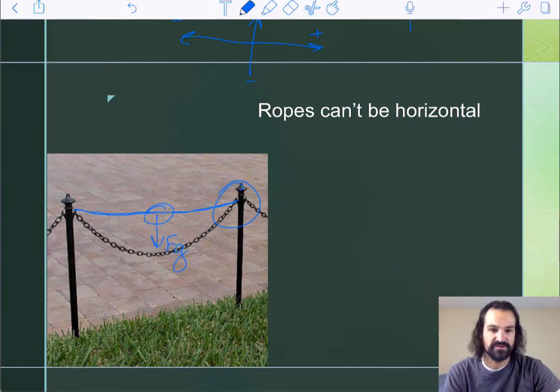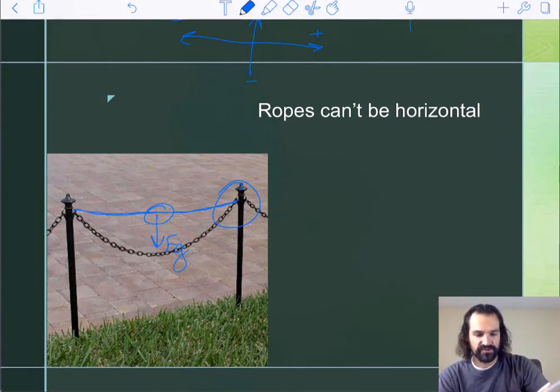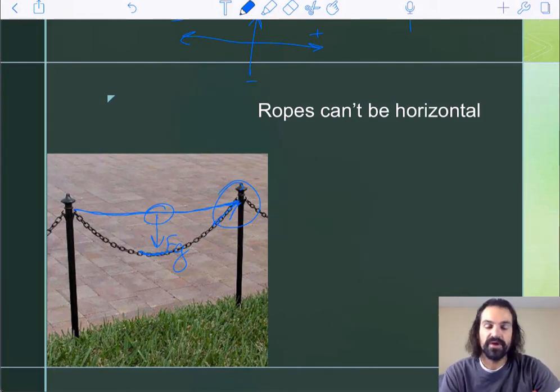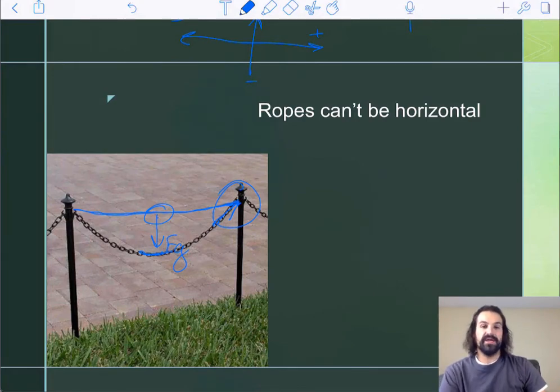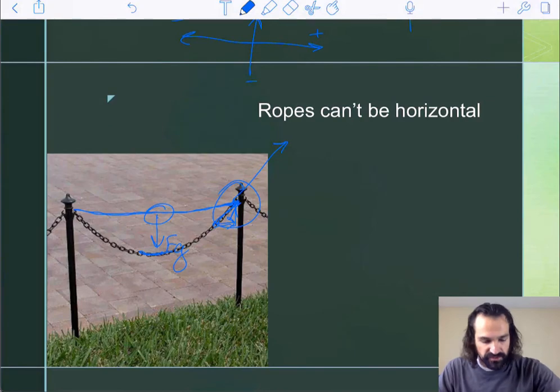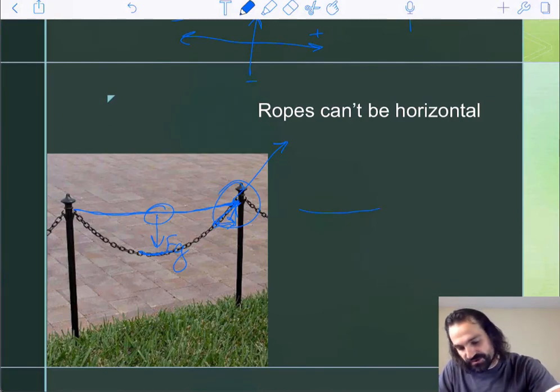So the force of gravity is always going to be a vertical force. And when it's hanging low, like it is in this picture, if you pull it at this angle, like the right pole is doing, then you do have a vertical component and a horizontal component because it's being pulled at this angle. But as you get closer and closer to being completely horizontal, notice how that force becomes less and less vertical.